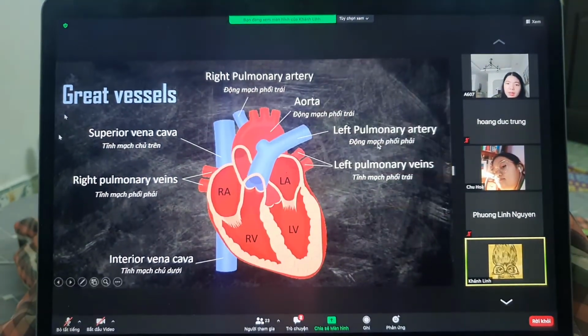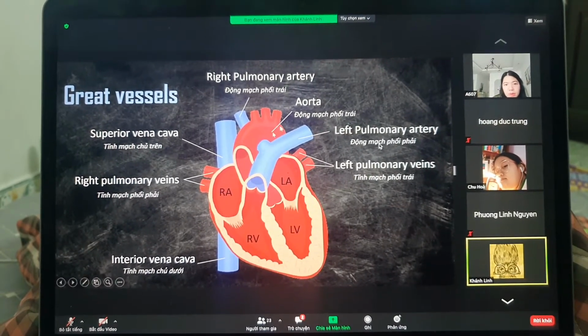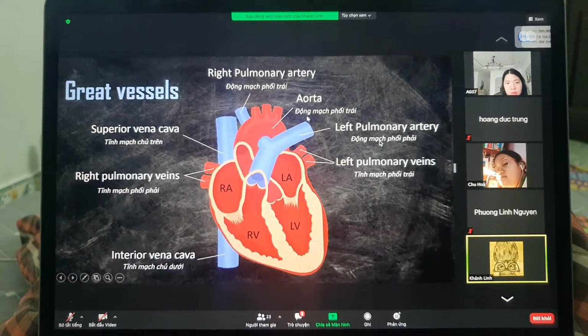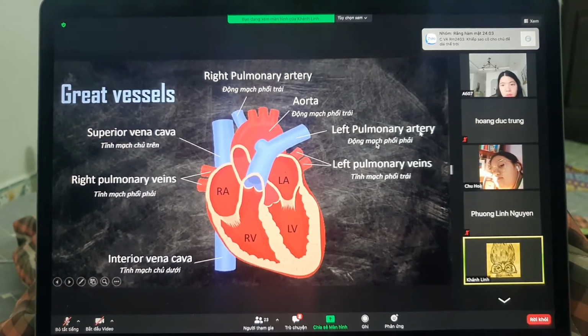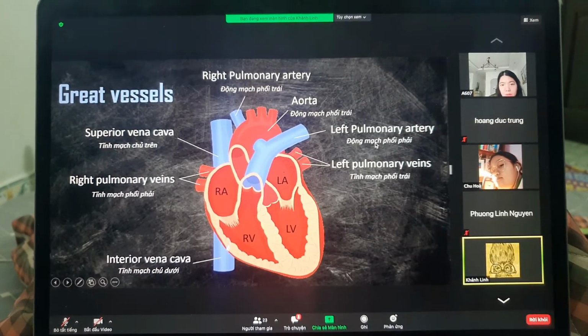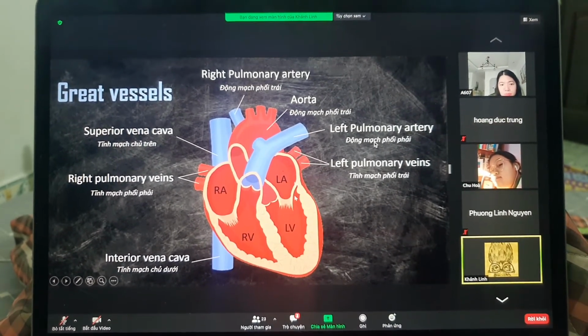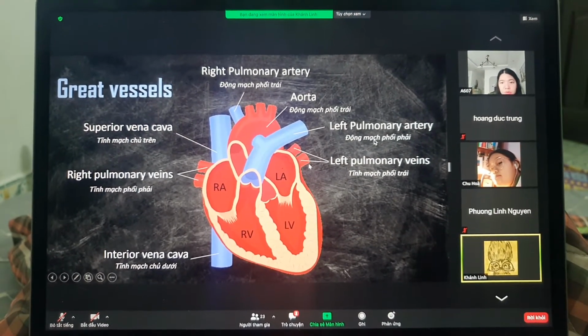This is the picture. You can take a photo. Aorta. Here is the aorta. Pulmonary artery. We have the left pulmonary artery and the right one. The superior vena cava, inferior vena cava, and four pulmonary veins, right and left.